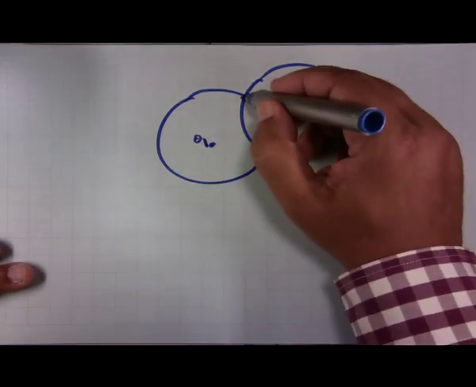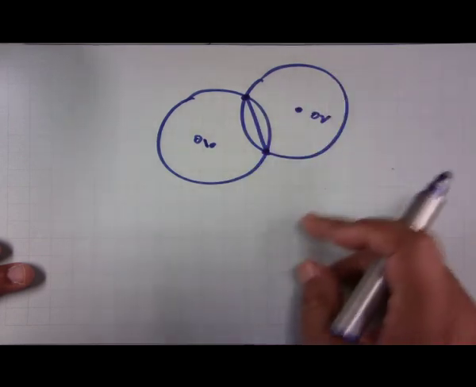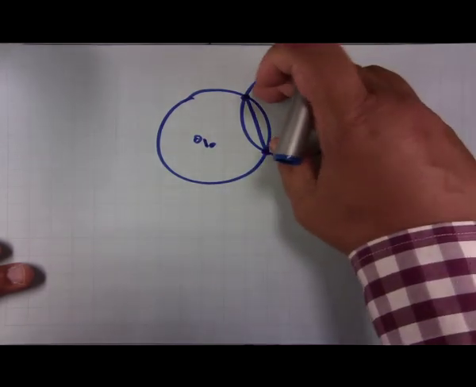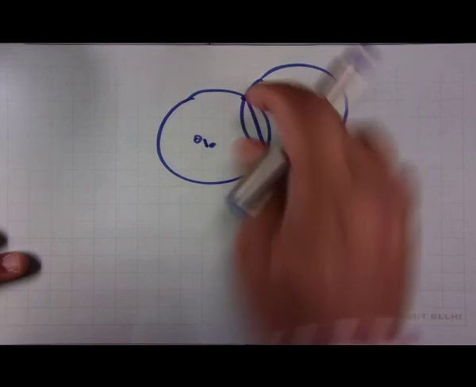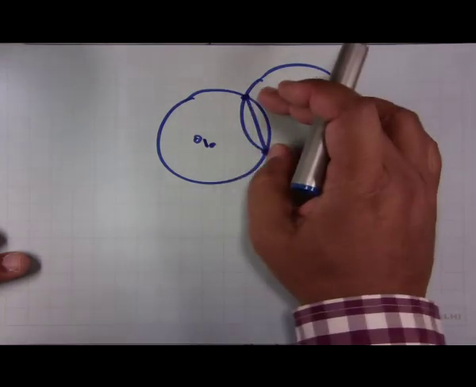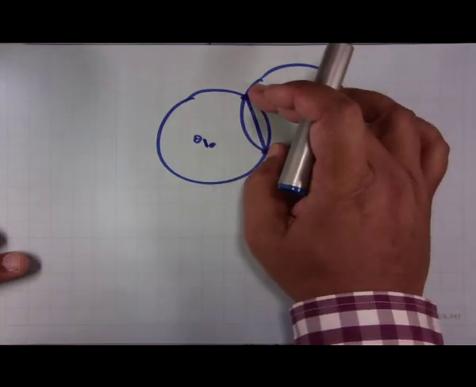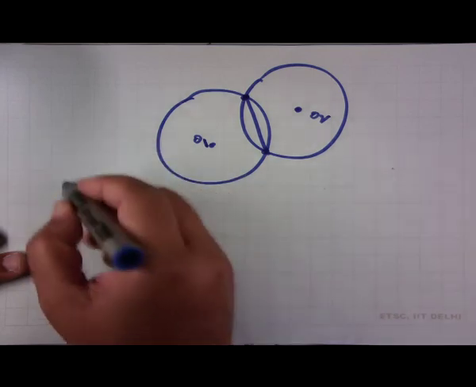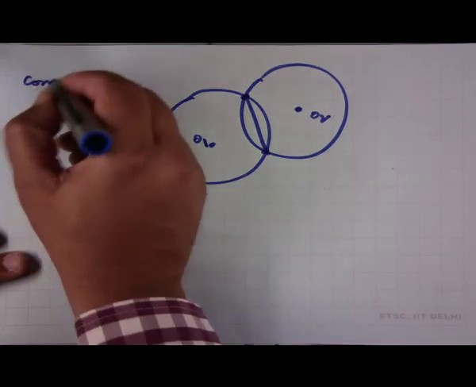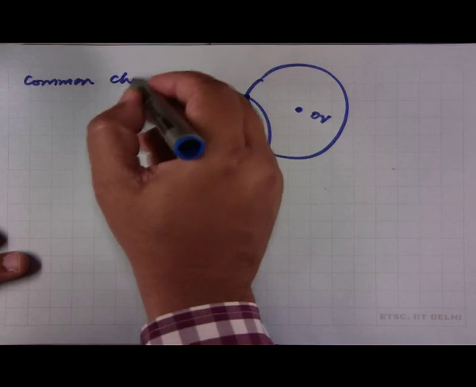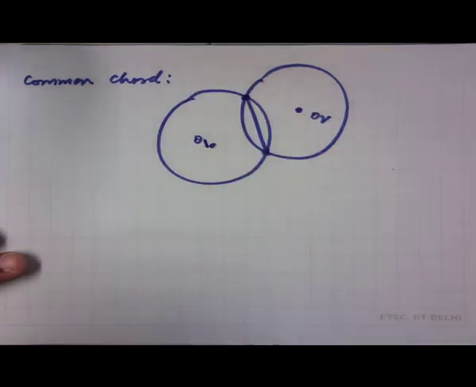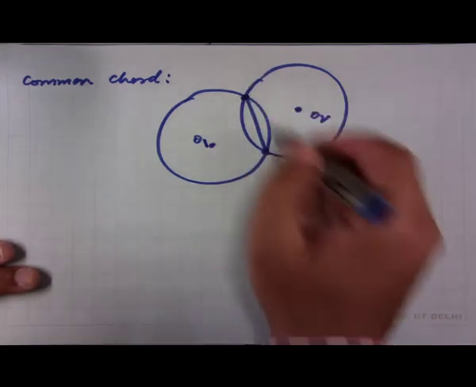The common chord is the straight line joining the two points of intersection, and we saw that the equation of the common chord is nothing but, so this is the case where the two circles are intersecting with each other.